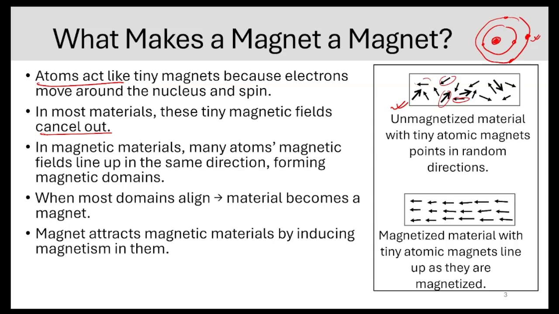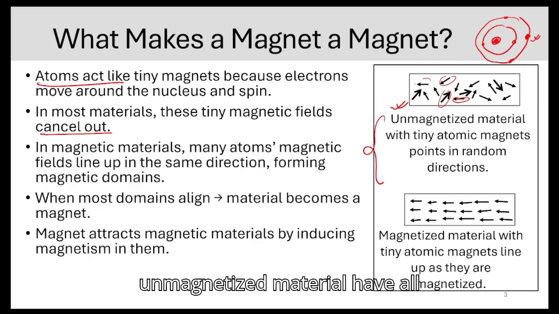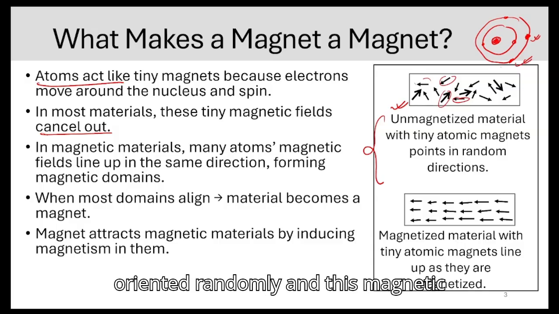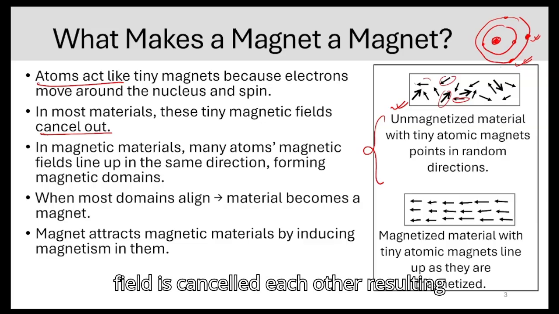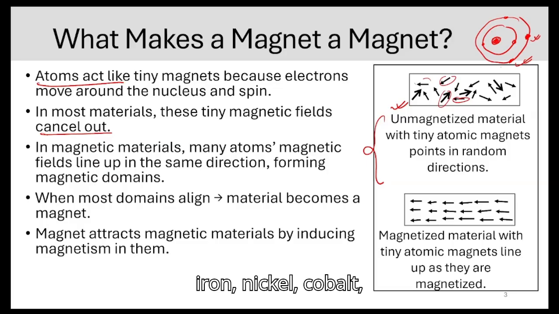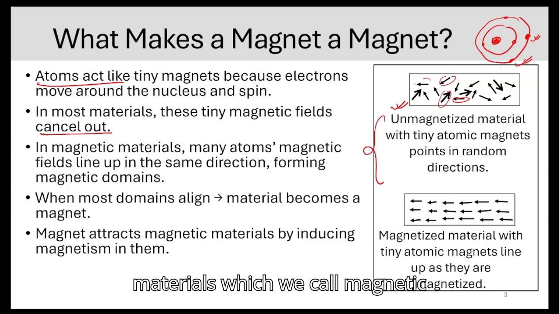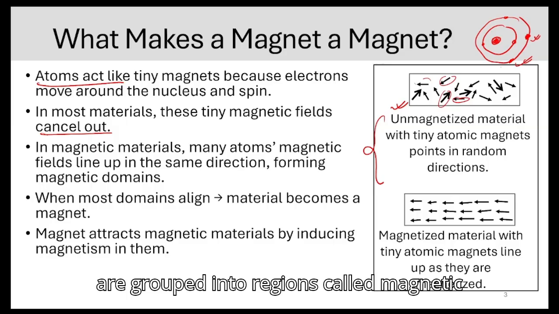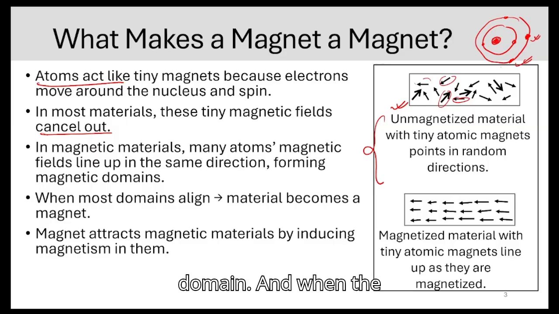In simple words, unmagnetized materials have all these atomic magnets oriented randomly, and the magnetic fields cancel each other, resulting in an overall non-magnetic material. However, in materials like iron, nickel, and cobalt, which we call magnetic materials, the atomic magnets are grouped into regions called magnetic domains.